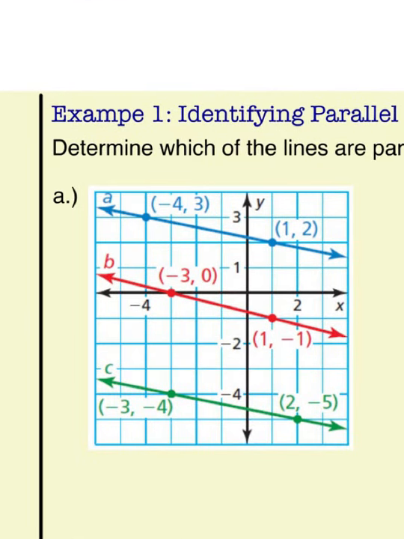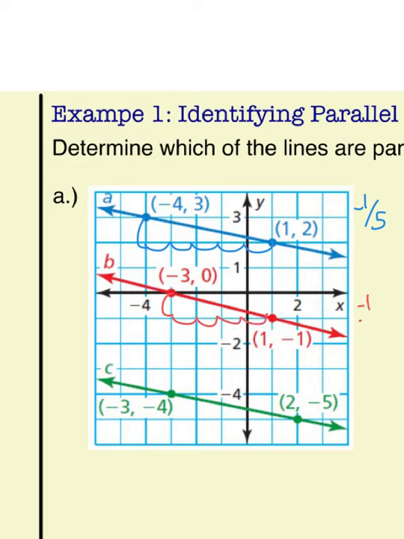I'll even color coordinate. So the blue one goes down 1 and then over 1, 2, 3, 4, 5. So the slope is -1 over 5. Went down 1 over 5. Remember, slope is rise over run. The red line goes down 1 and then over 1, 2, 3, 4.